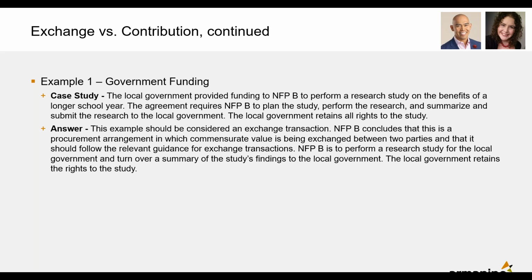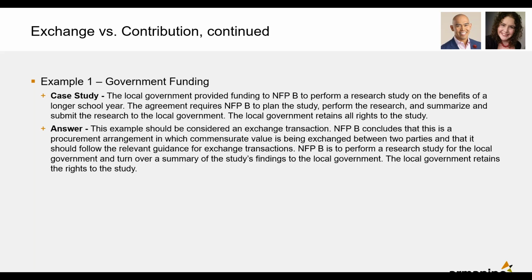So it includes a procurement arrangement in which commensurate value is being exchanged, and they're performing the research study for the local government, and then they turn it over. It may be in line with their mission, it may be work they're doing anyway, but in this case, it would be an exchange transaction. So it's still not always going to default to a contribution.